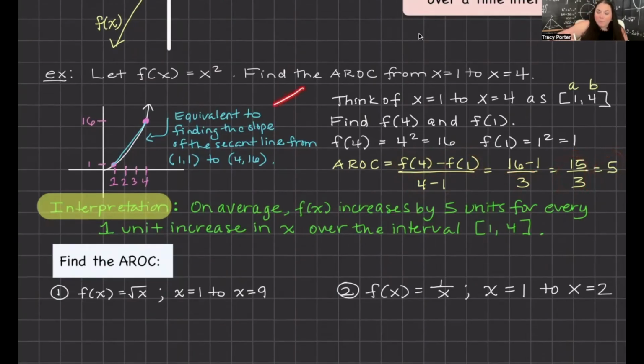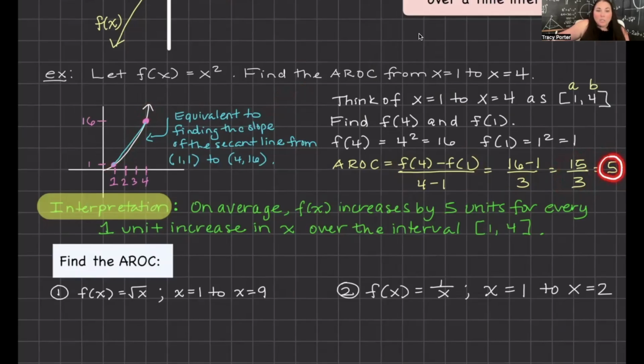Now, if you look back at the picture that goes with this problem, you can see the part of the graph of x squared, and this is the point (1, 1) and (4, 16). And we really just found the slope of that secant line, which came out to be 5.